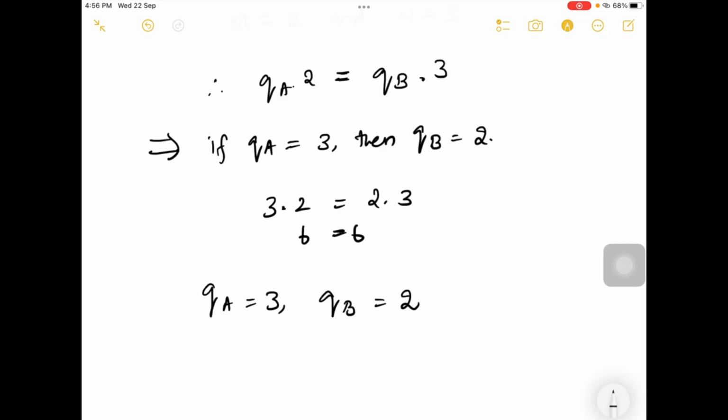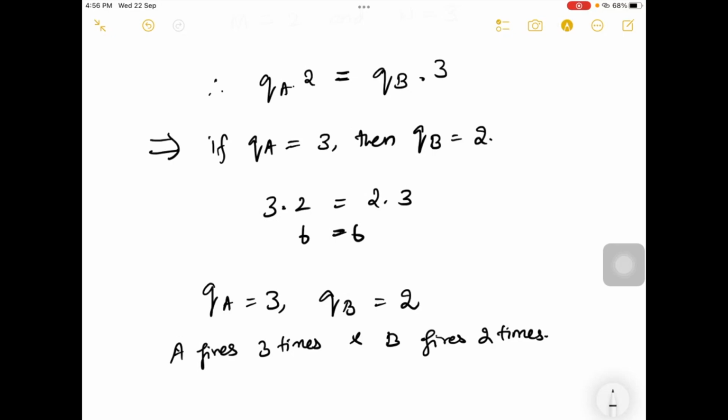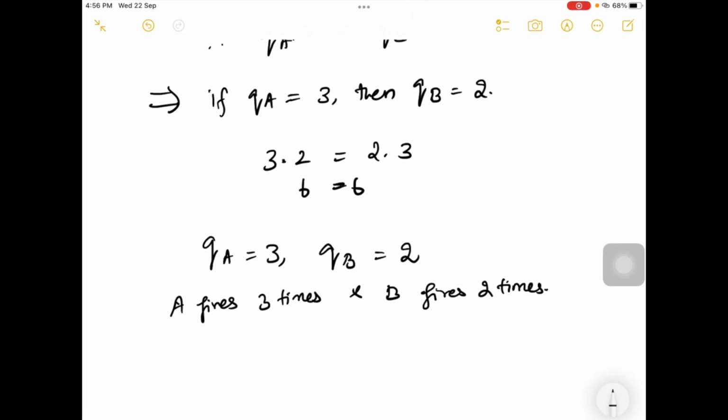What does it mean? QA equal to 3 means A fires 3 times, and B fires 2 times. B cannot fire before A fires, because as per this diagram B depends on A: whatever A produces, that is what B is consuming.